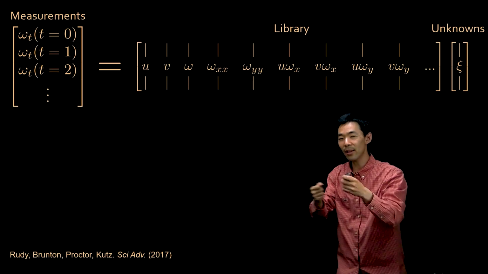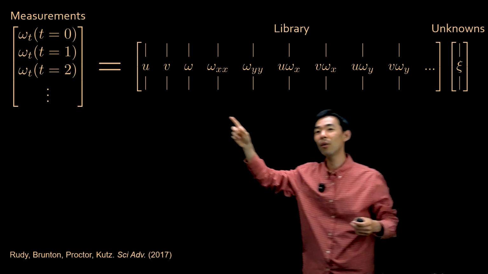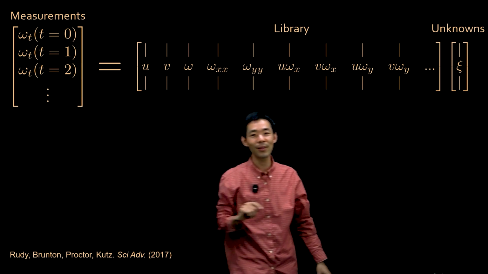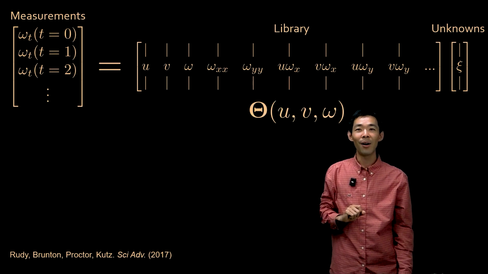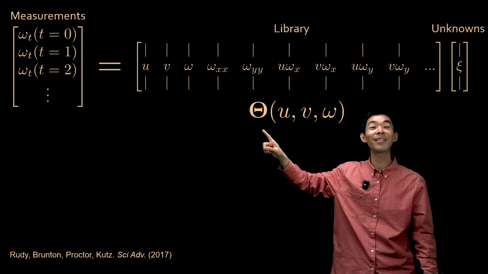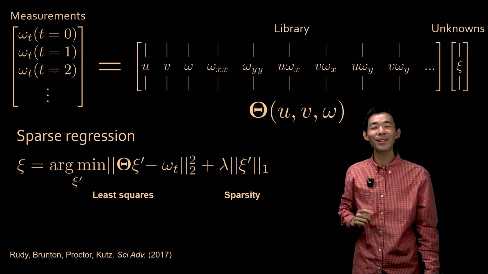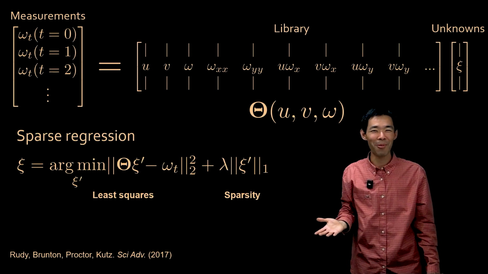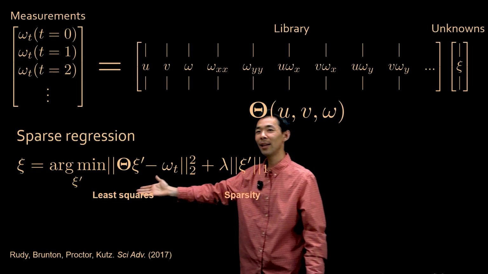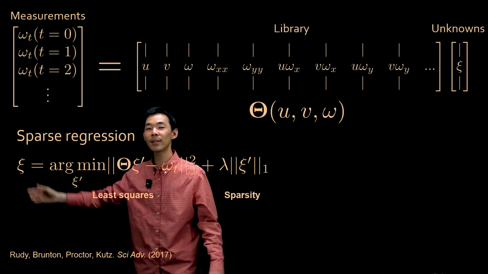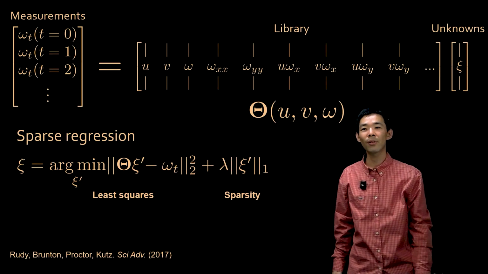So it's taking weights of all these different terms that are possible inside your library and saying, okay, what's the best mapping to the measurements you see on the left-hand side based upon the pictures that you've taken from your velocity field. This gigantic matrix I'm going to call theta. This is a Greek symbol, capital theta. And now this has turned into a sparse regression problem, just like I discussed last time. We have an unknown coefficient matrix, xi, which is a vector of all of your weights of the different terms inside your library.